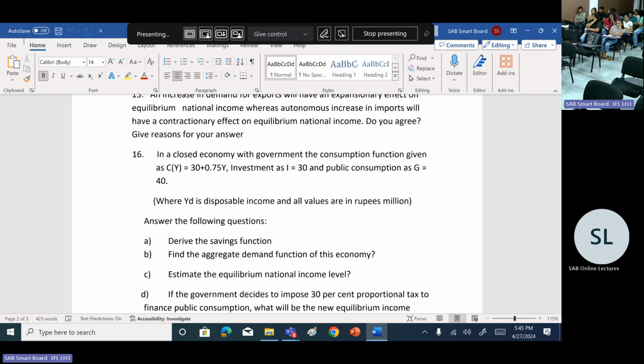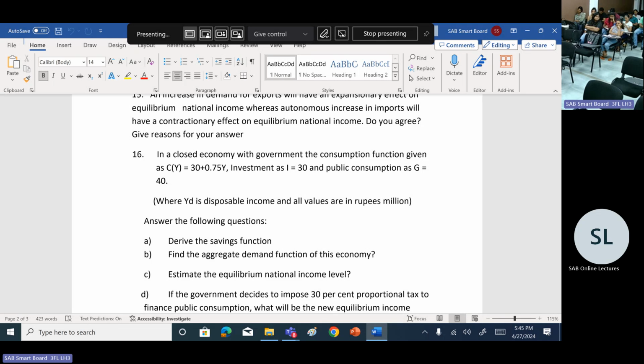Then we substitute the figures. The consumption function is 30 plus 0.75y. Investment is 30 and government expenditure is 40. The question has aggregate demand, and we know that Y equals aggregate demand.